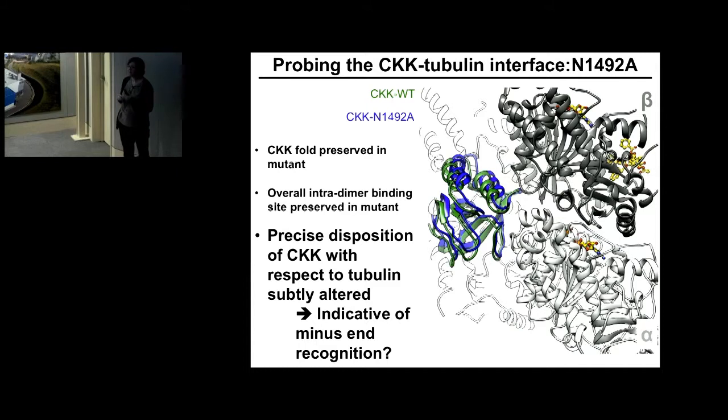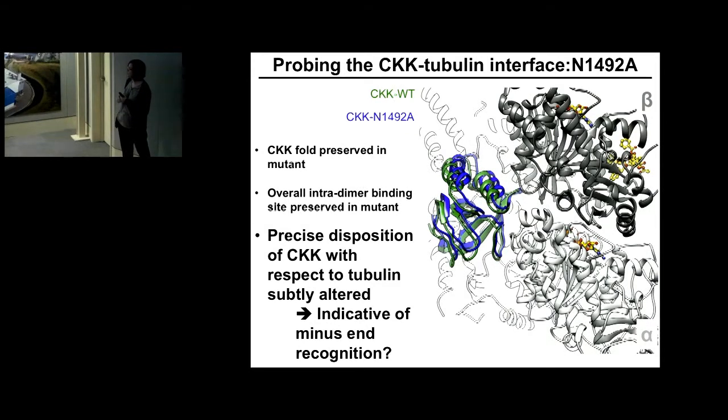But in displaying that very profound effect in terms of interaction with the microtubule lattice, there's only a very small structural effect in terms of the behavior of this protein with its microtubule substrate.